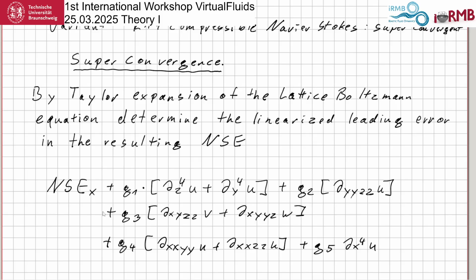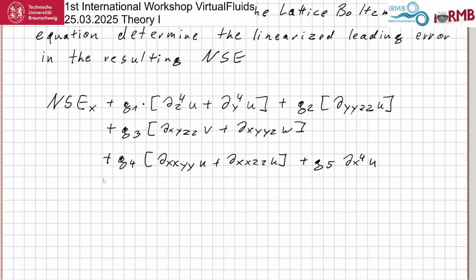So these things remain here, and these functions gn are just functions of relaxation rates omega 3, omega 4, and omega 5, and something.